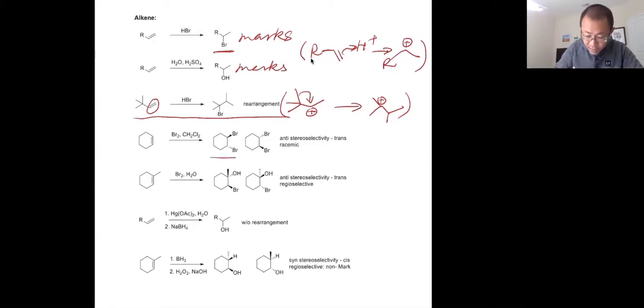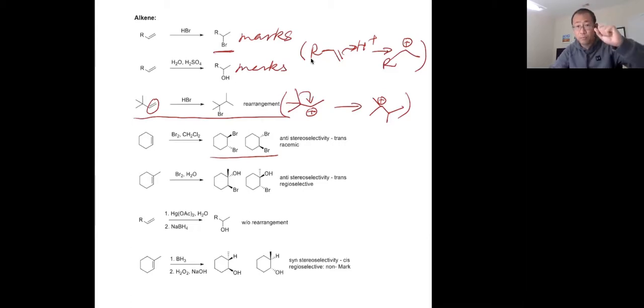So you will get a trans product. You can see that the two Brs are on opposite sides of the ring. I use this example because I want to show you the trans. Why? Because the bromonium ion ring is opened from the backside of the ring. So we get anti stereoselectivity.